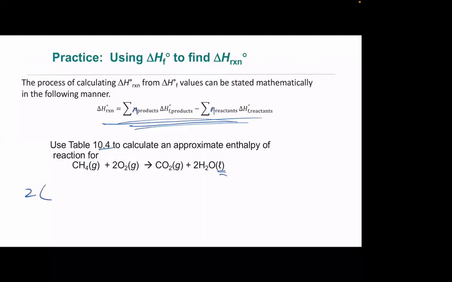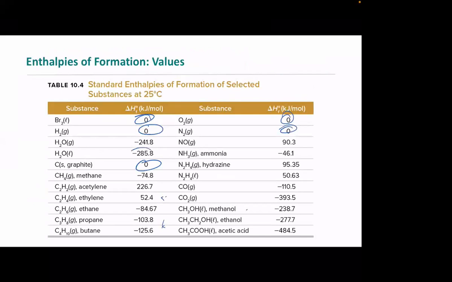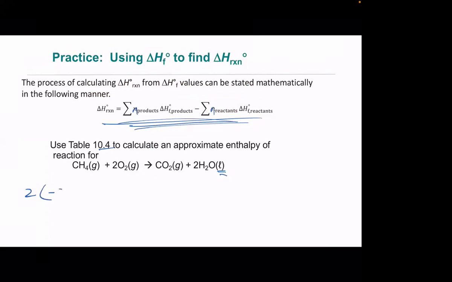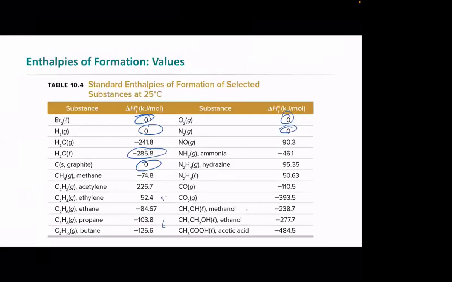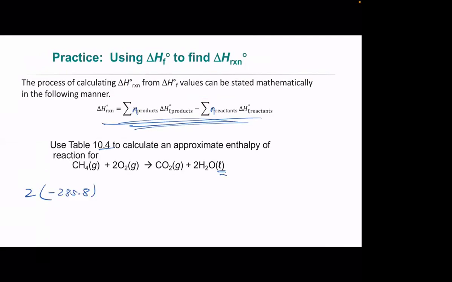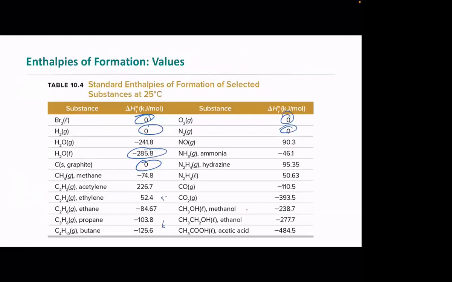Check the state. Liquid. Liquid water, negative 285.8. They're all in kilojoules, these tables. Negative 285.8, that's H2O. Plus the carbon dioxide. What's carbon dioxide? Negative 393.5.